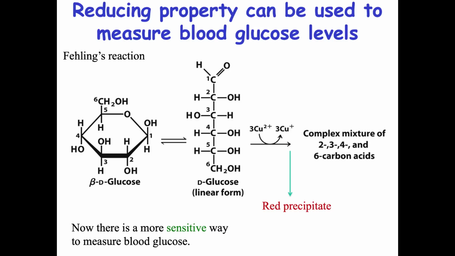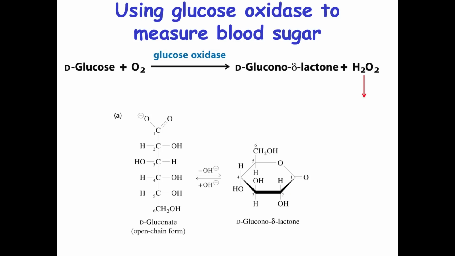That is what's measured. And now, of course, there's a much more sensitive way to measure blood glucose. We use an enzymatic assay to do that, using glucose oxidase. Glucose oxidase is an enzyme that catalyzes the reaction of glucose and oxygen to yield D-glucono-delta-lactone and hydrogen peroxide.